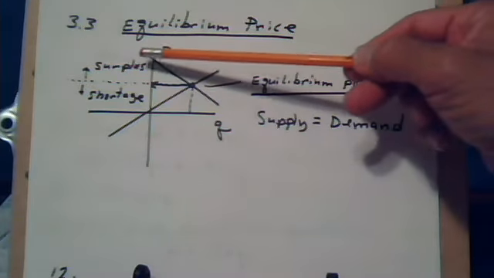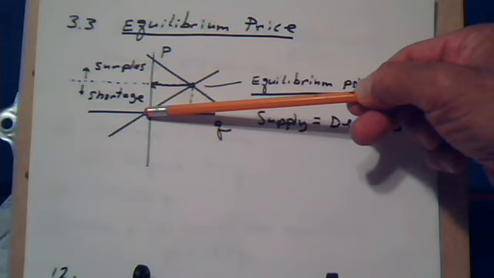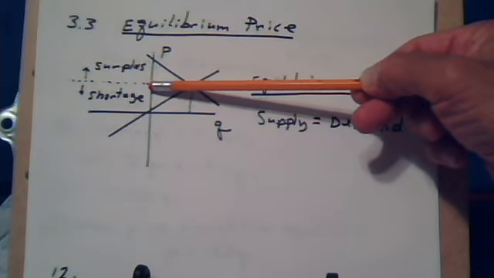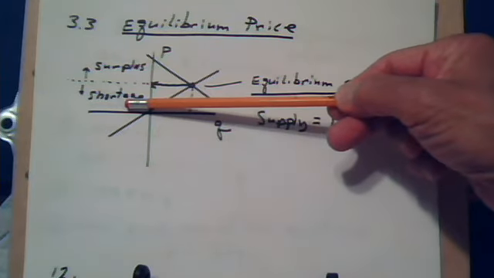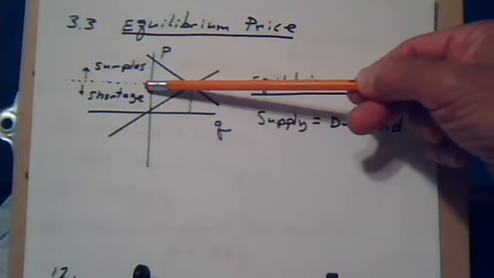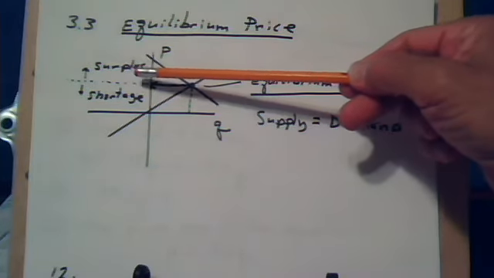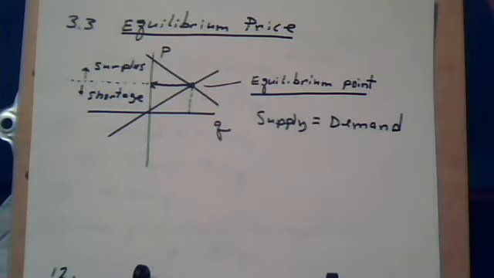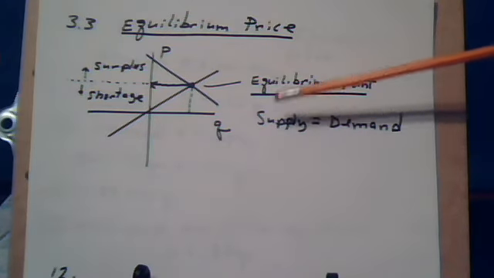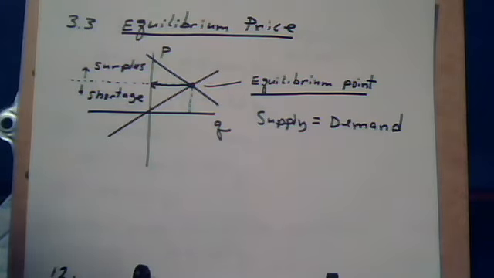Now notice, if you go below this price, that means the things become cheaper, right? One person's going to try to take the whole shelf, and there's going to be a shortage. And if you put the price above the equilibrium point, that means the price is too high. Things are going to stay on the shelf, and there's going to be a surplus. The equilibrium point is when supply and demand are equal. Everybody's happy at that point.